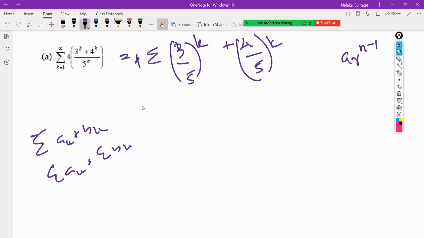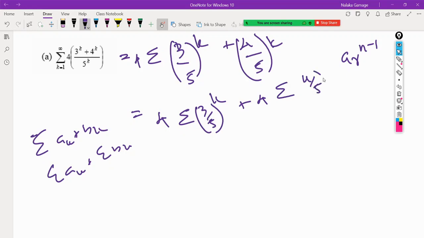So I am going to write 4 times sigma (3/5)^k plus 4 times sigma (4/5)^k. But what I need is k minus 1, not k. So, always you have to go by the rules, (3/5)^(k-1+1), because k minus 1 plus 1 is k.